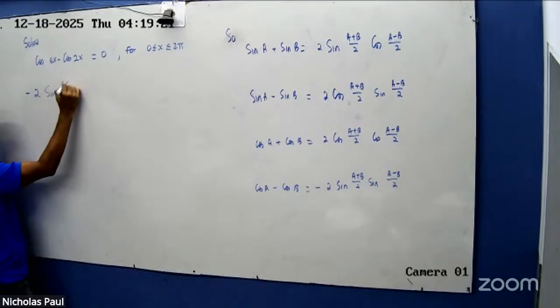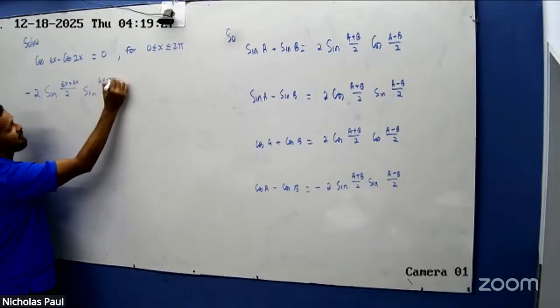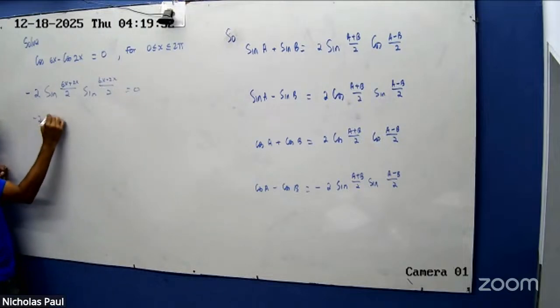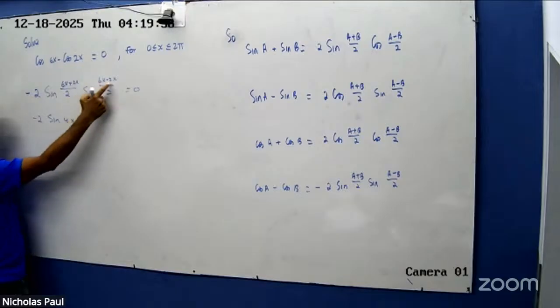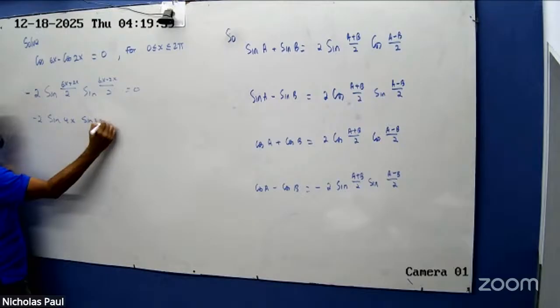So that's 6x plus 2x over 2, sine 6x minus 2x over 2. What do you get here? 8x on 2, that's 4x. Then 4x on 2, that is 2x.